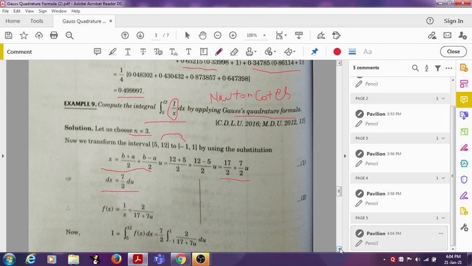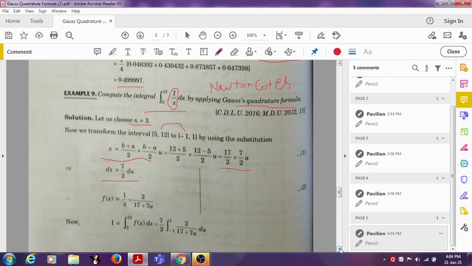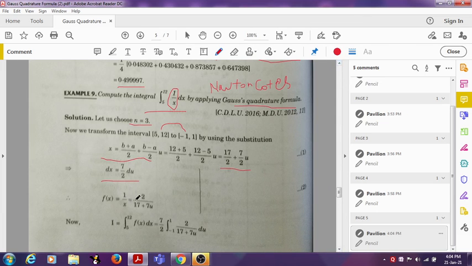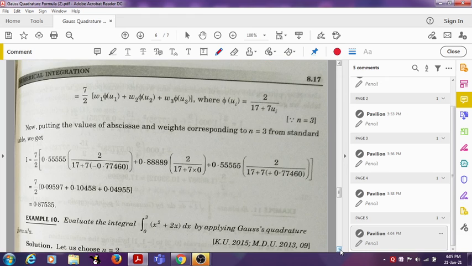Now what will be f of x? f of x is equal to 1/x. Now put again the value of x, so we convert the function in terms of u. Now the integral is the integral from 5 to 12 of f(x) dx. We can put here the value of f(x) as 2/(17 plus 7u), and dx as 7/2 into du. So this function will be treated as phi of u.